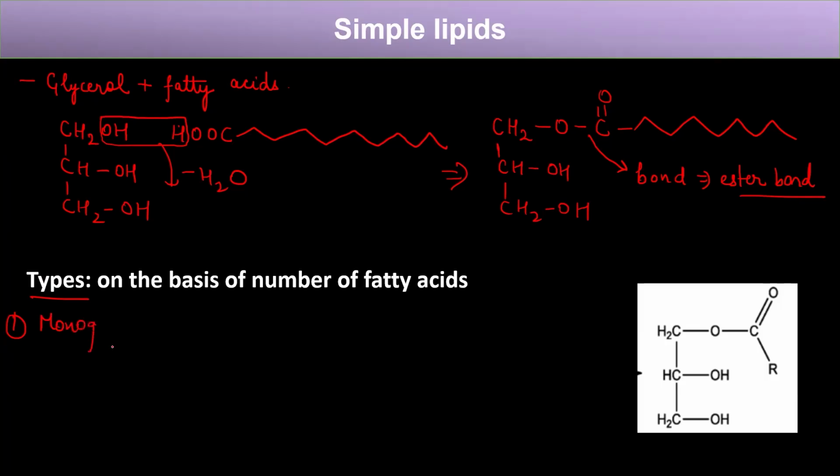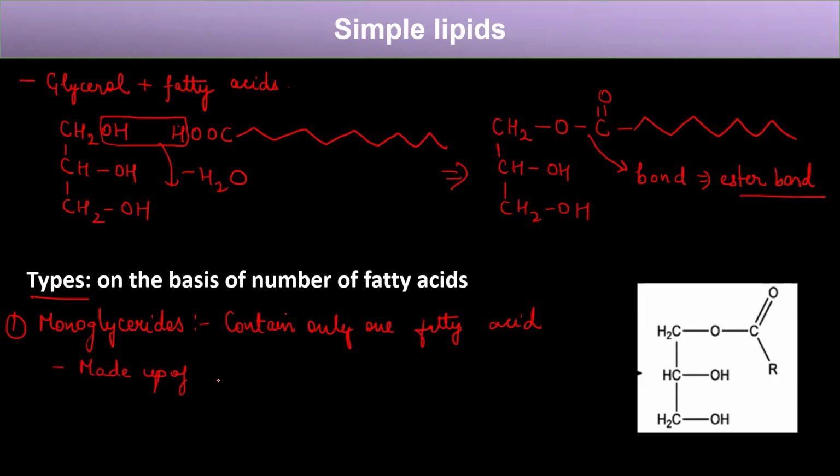A monoglyceride contains only one fatty acid. So it means that it is made up of one glycerol and one fatty acid. Fatty acid I am representing by F.